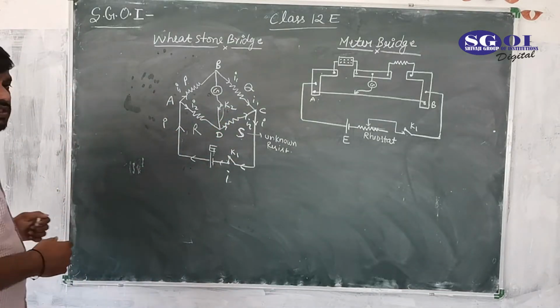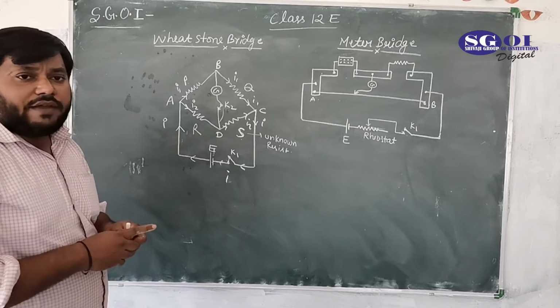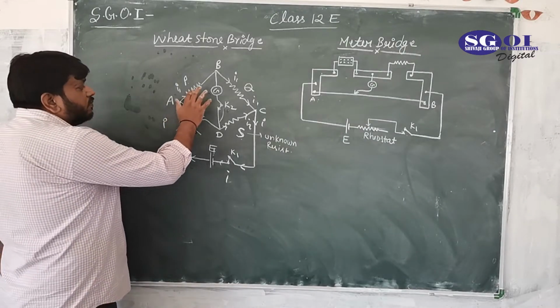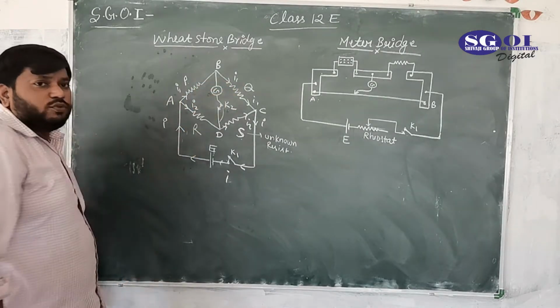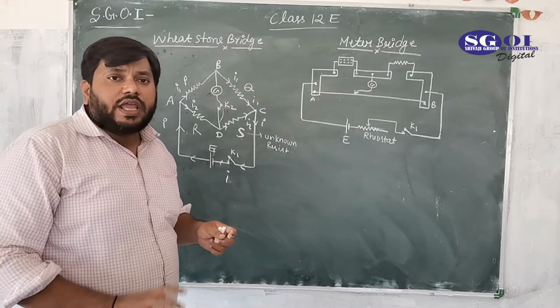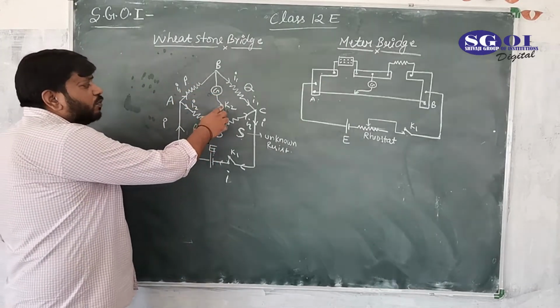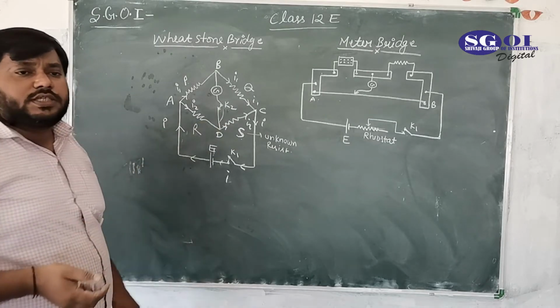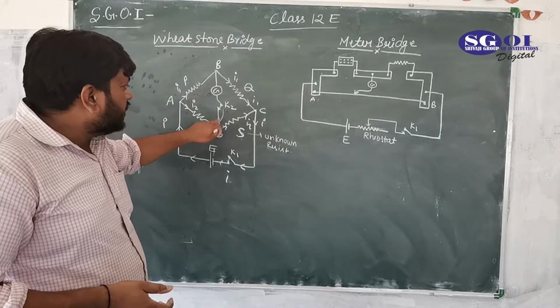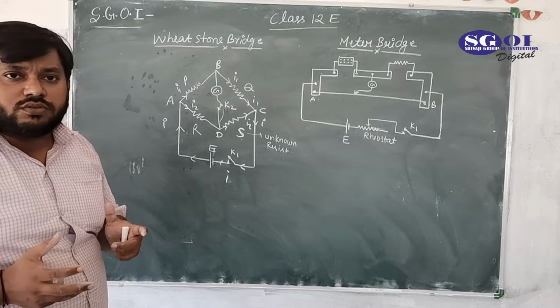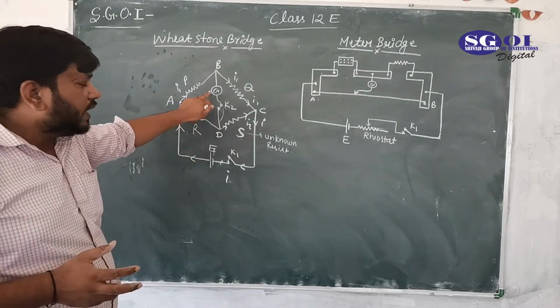Suppose there is deflection; then we have to change the value of the ratio arms and press K2 again. We have to repeat this process until there is no deflection in the galvanometer.